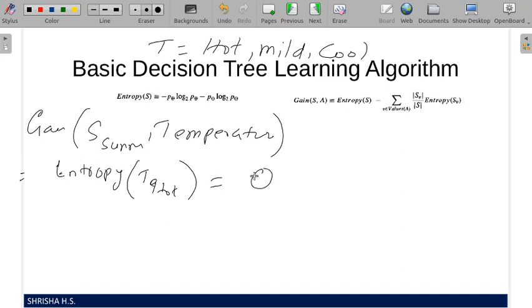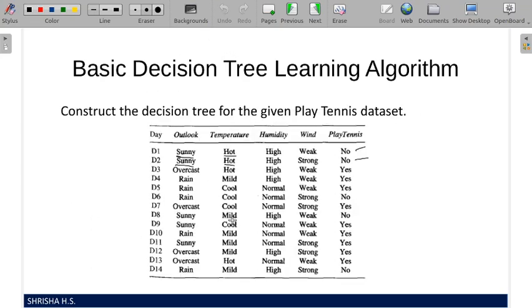So directly you can write 0, all are negative instances, so you don't have to calculate anything. Next, entropy where temperature is mild.